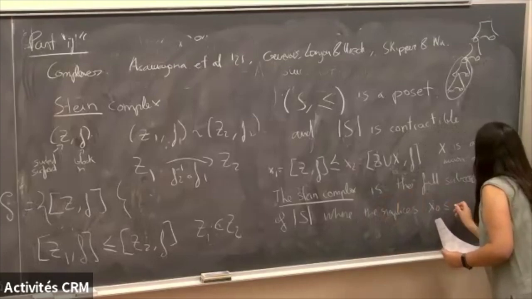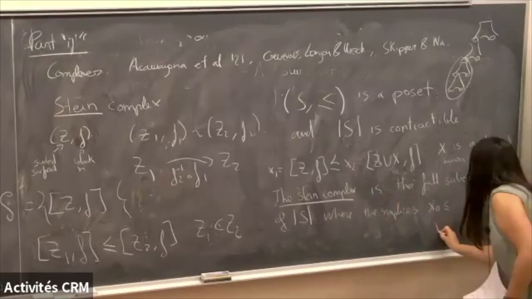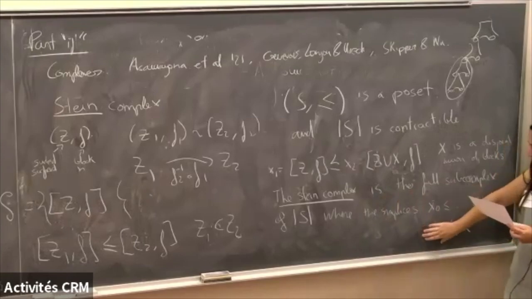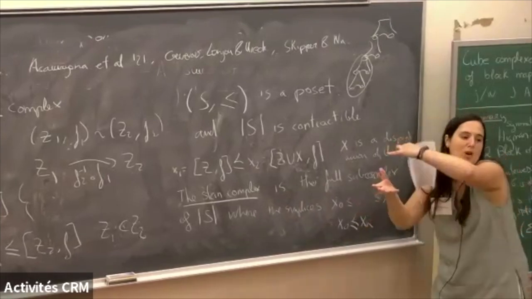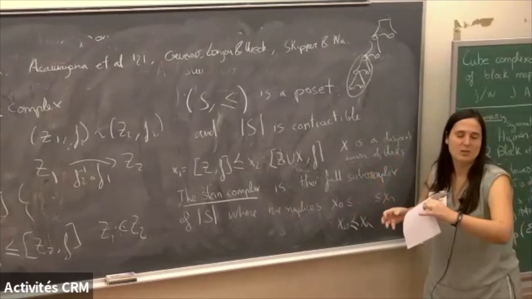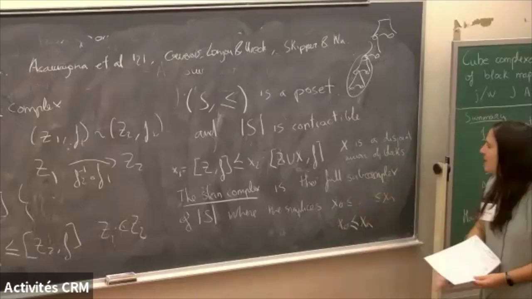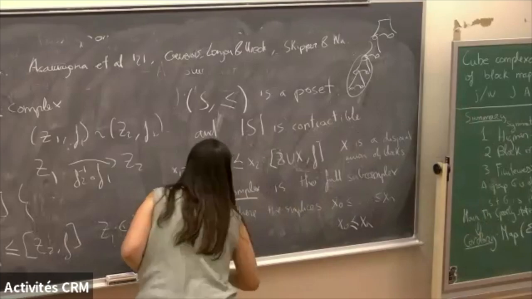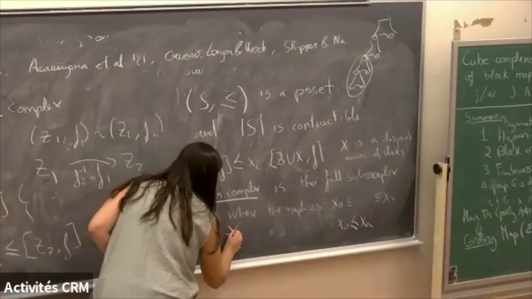So you have your simplex of dimension n, and basically you can only add what are called elementary simplices, because you go one by one. You cannot add a block of simplices, so you go one and then another and then another. So we take those, and this is the Stein complex, and we call it like this. I don't know how to call that, but it's the notation that we use in our article.